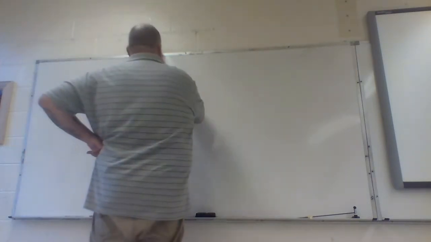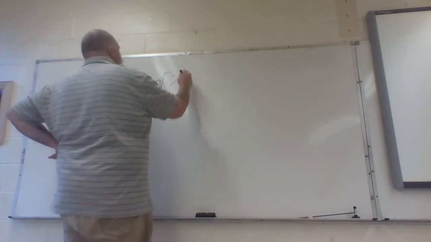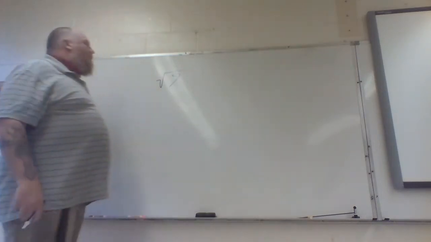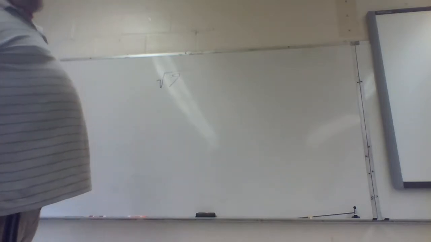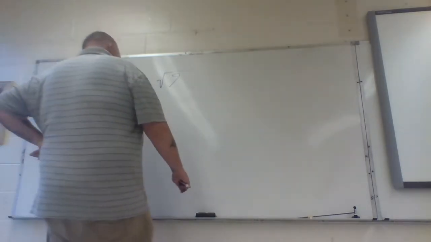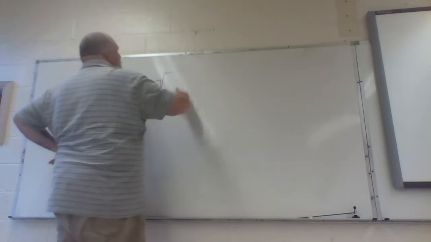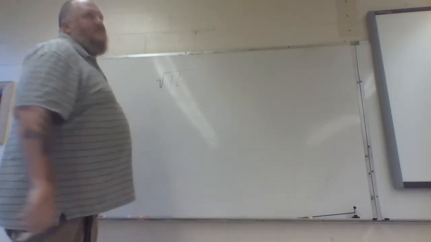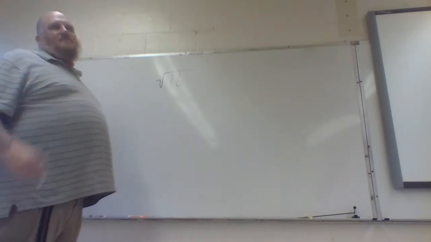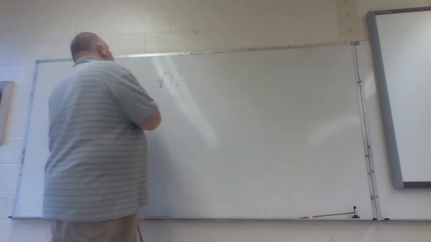So, just make sure we all understand the concept. What's the square root of 9? 3. Everybody agree with that? What about the square root of 16? 4. All right.